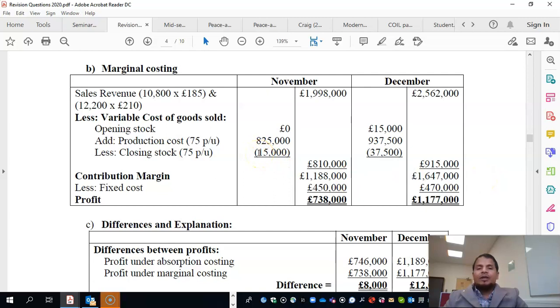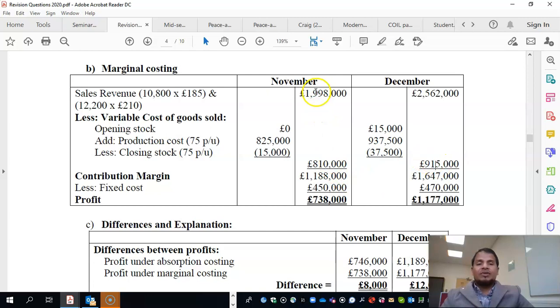Ending inventory is 200 times 75, so it is 15,000, and in December, 500 times 75 is 37,500. The ending inventory of November, 15,000, is the opening inventory of December. All right. So as we did before, opening plus production minus ending inventory is our variable cost of goods sold, and the same here.